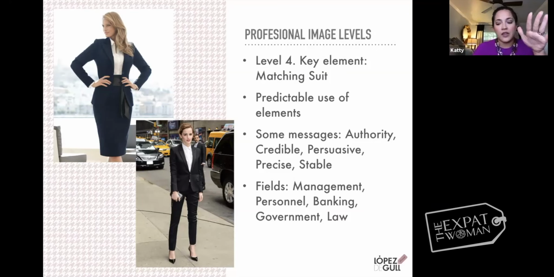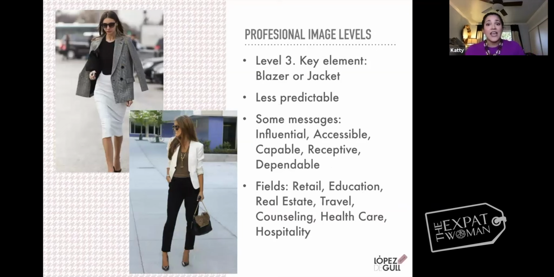So here the key element for you to have in your wardrobe and for your personal brand look is the matching suit. Then we have level 3, in which the key element is the blazer or jacket. It could be a more casual blazer as the one here, and it could be mixed and matched with other pieces that are less predictable than the other level.